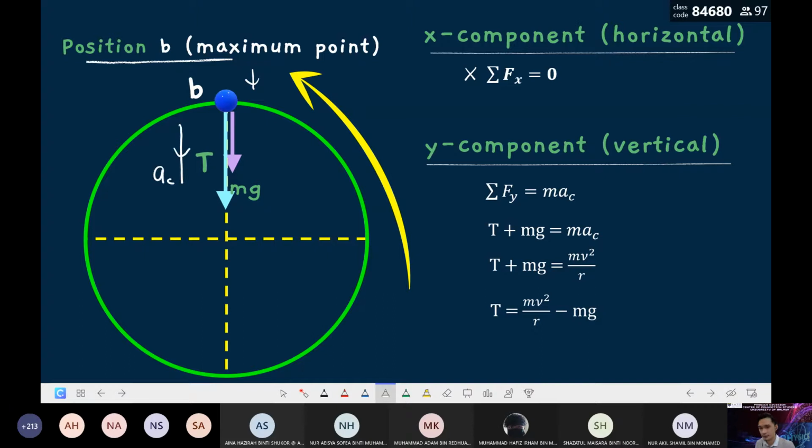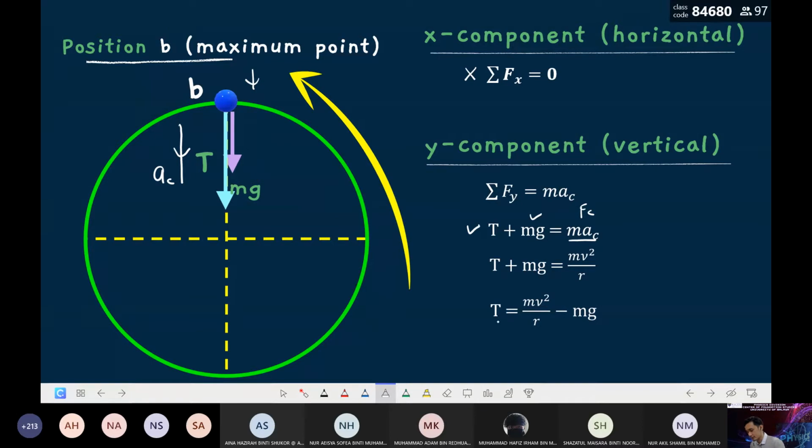And then the centripetal acceleration pun dia ikut benda yang sama, which is F is equal to m times a_c. But what forces in Y yang ada, we do have tension, and then kita ada another one plus with the weight, which is equal to mg, and kita equalkan with our mass darabkan the centripetal acceleration ataupun the F_c, centripetal force. So when we rewrite this again in terms of the tension, apa tension dia?